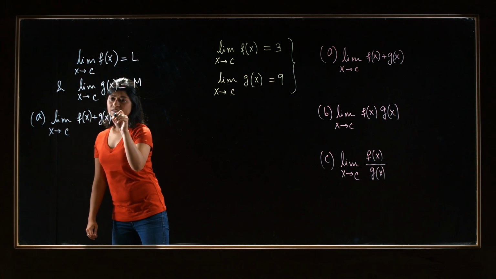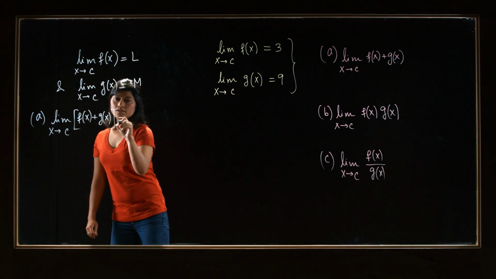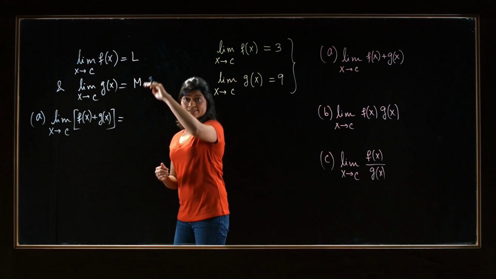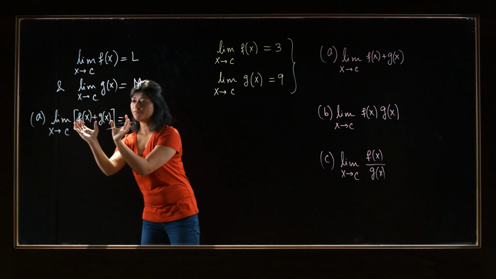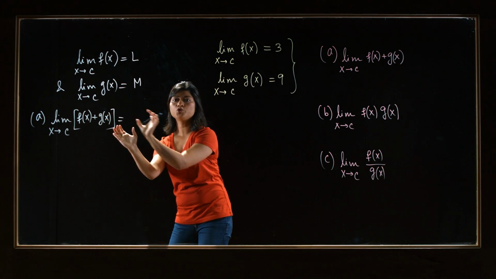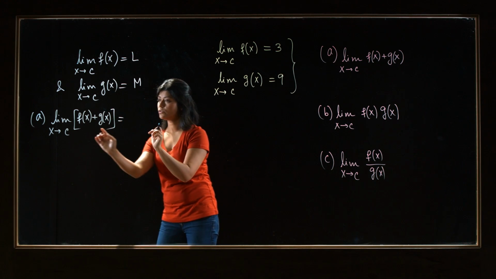The property says that if both of these limits exist, then we can separate the limit of a sum as the sum of two separate limits.